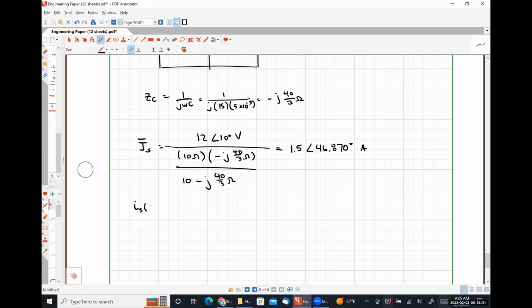So Is of t is 1.5 cosine 15t plus 46.870 degrees amps.